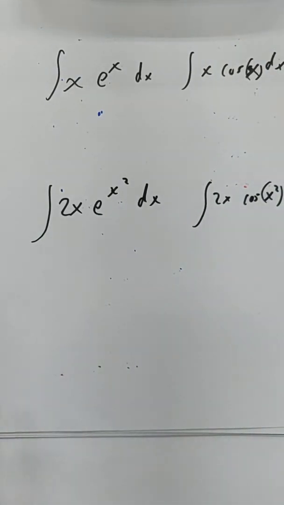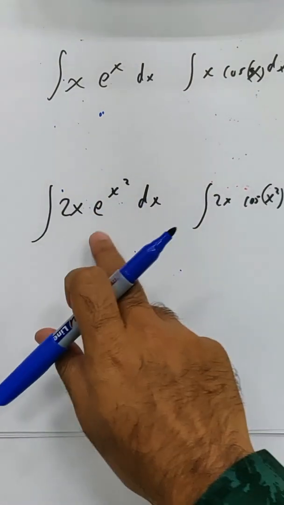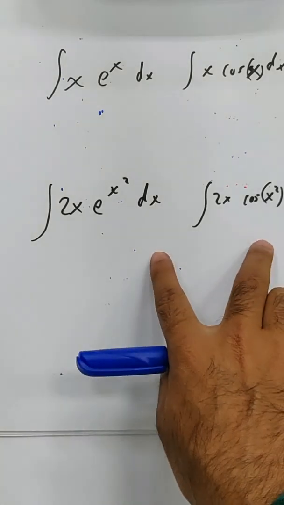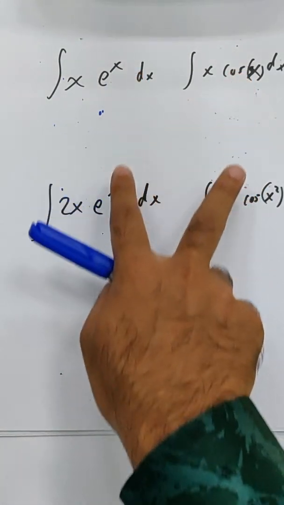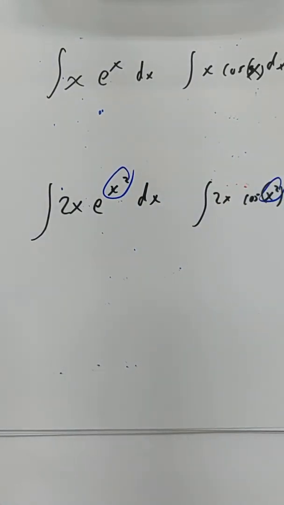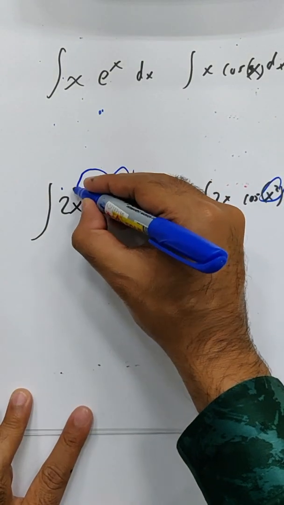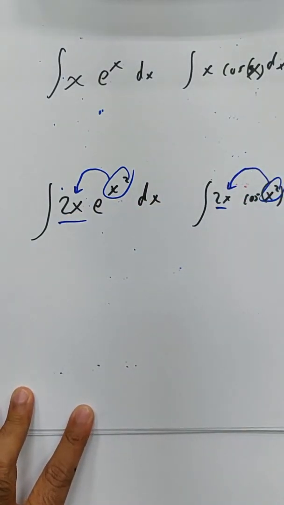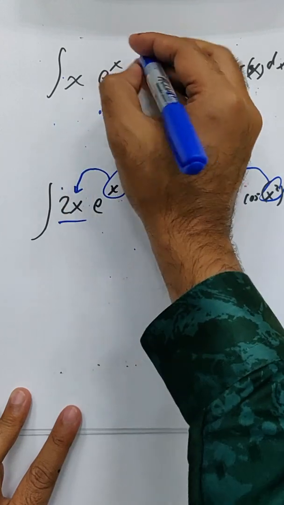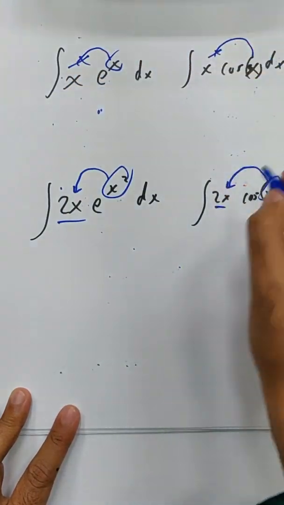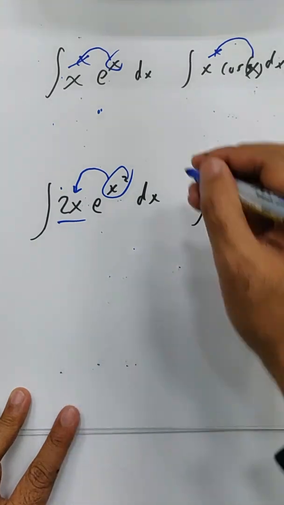Let me show it to you before we go further in IBP. These two are not IBP. In fact, these two are substitution. Can someone tell me why? What's the difference of these two? This one has a power, so what's the big deal with that power? If I differentiate, I get the front part. In these other cases, when I differentiate, I do not get that. Are you okay with that?